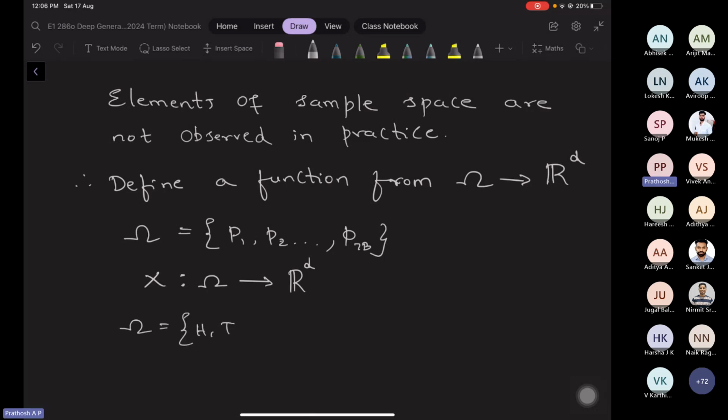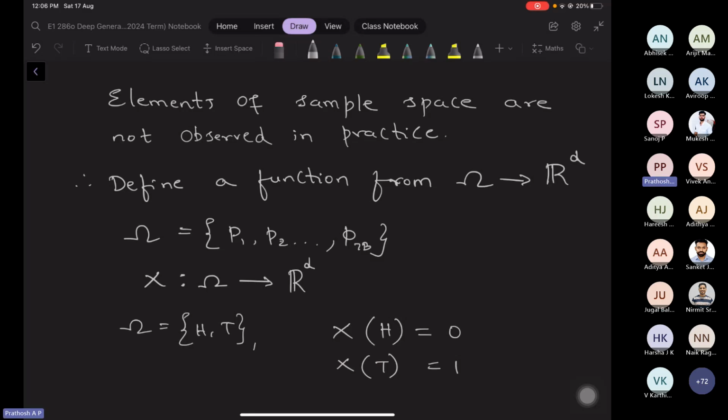If you take the example of head and tail, a function that we are talking about will take head and map it to 0, and the function evaluated at tail is equal to 1.